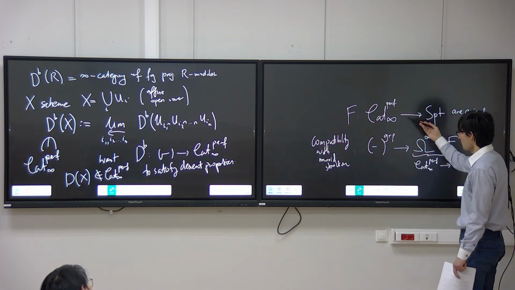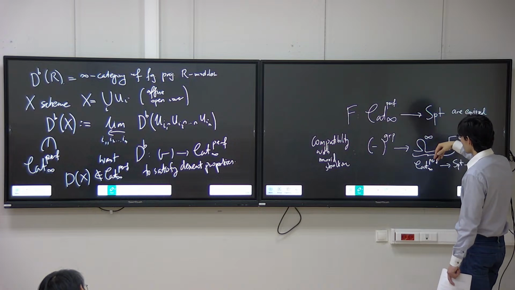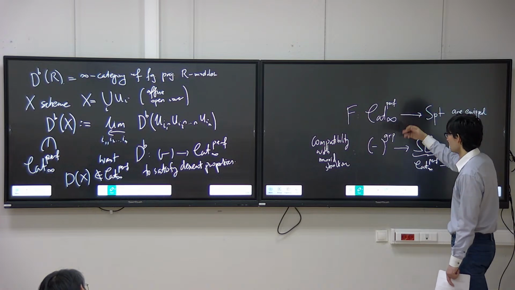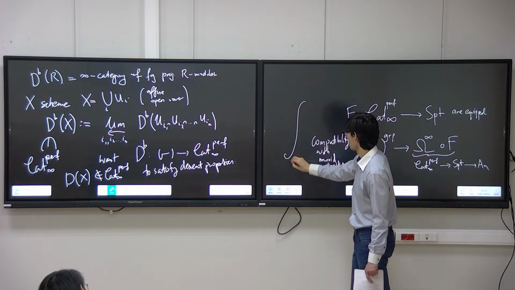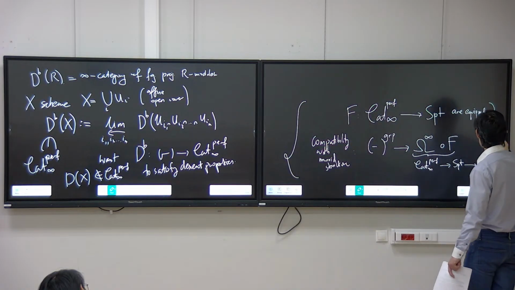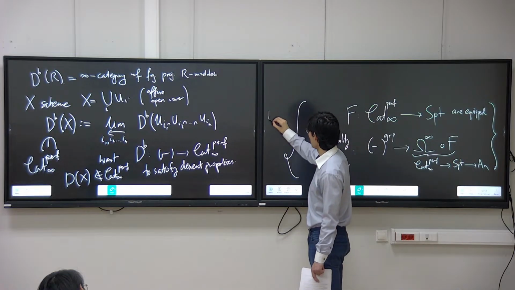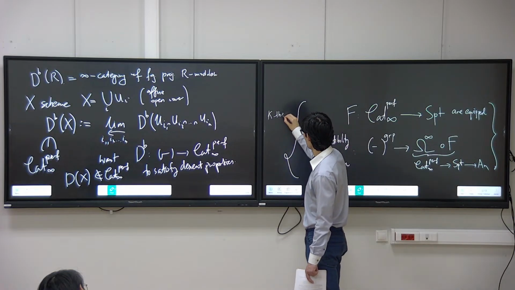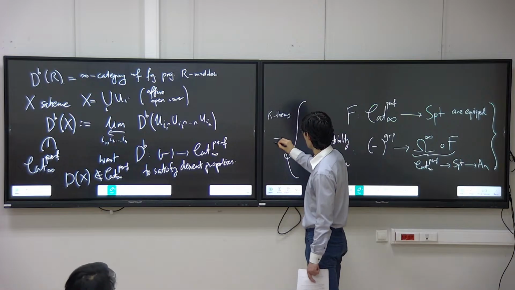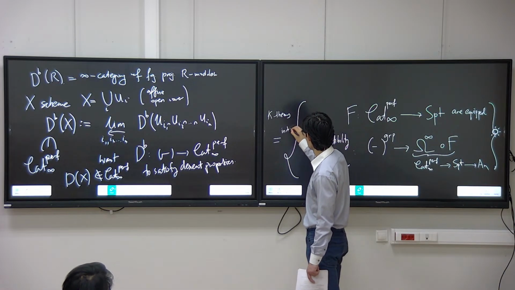And K-theory will be the smallest, or the initial object, in this category. I can pack all these objects into a category, and K-theory equals the initial object.